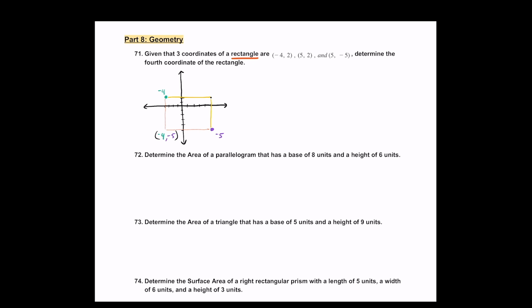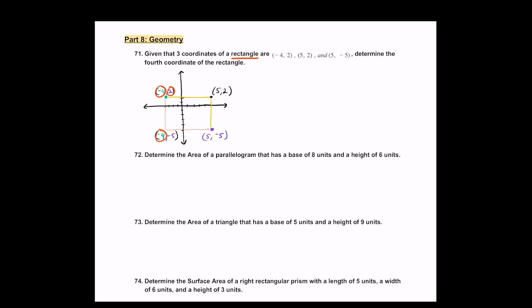Okay, so I'll write all these numbers in here, but this is -4, 2, right? That's what we had up here to the upper left. And then for the upper right, this dot over here, this was 5, 2. And then for the bottom right, we had 5, -5, right? So if you notice, you can just see what matches here. So these -4s have to match.